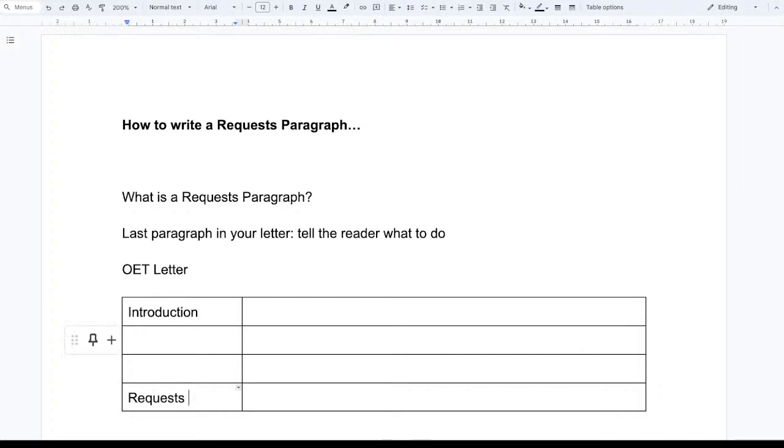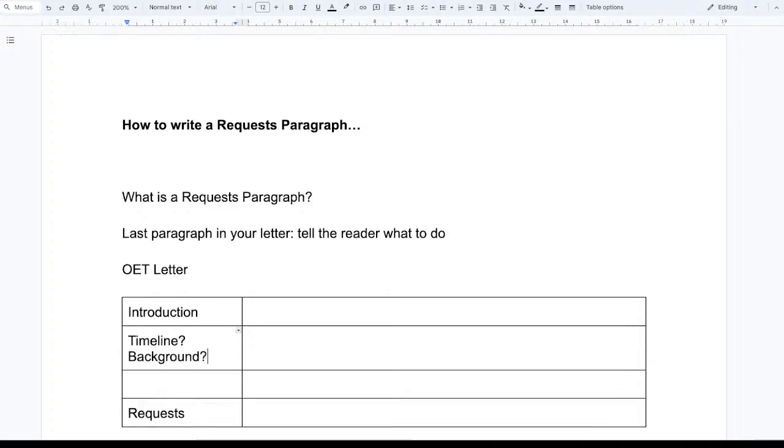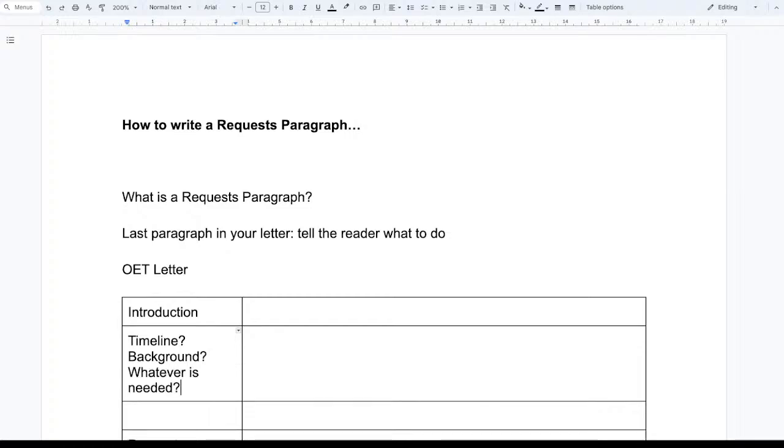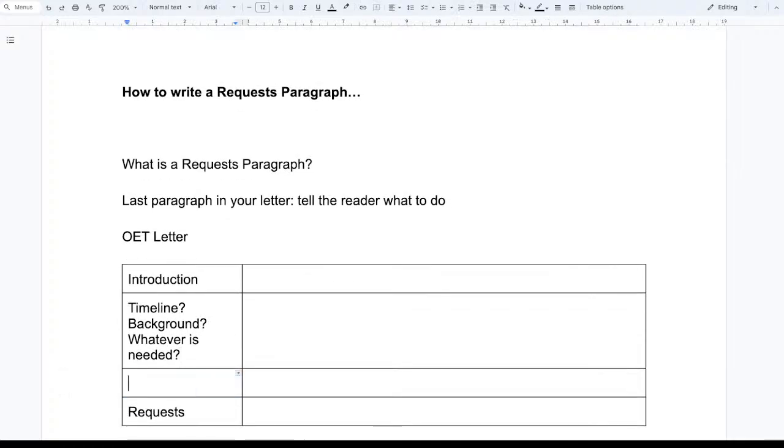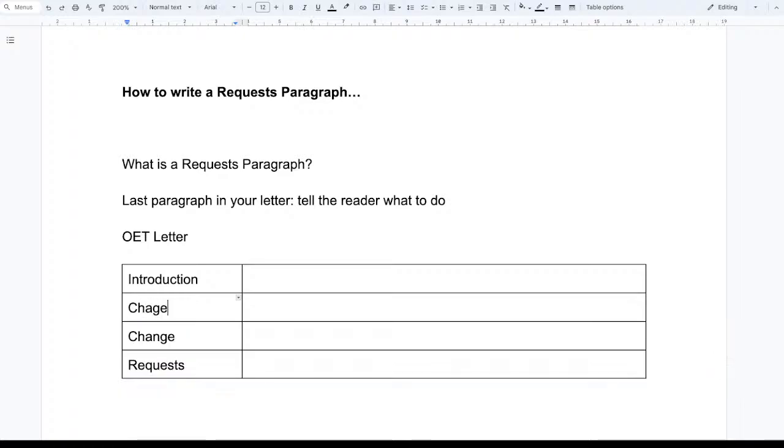In between you might have what we call a timeline paragraph, or you might have a background paragraph, or whatever is needed. It can change, it depends on the situation. These paragraphs can change, but the introduction and the requests, they stay the same.